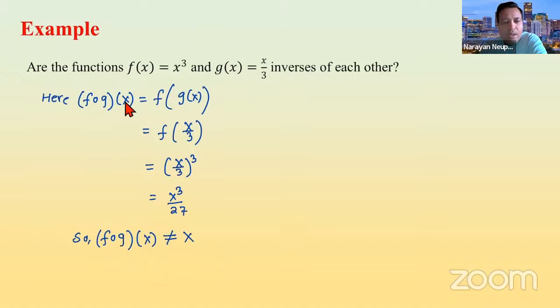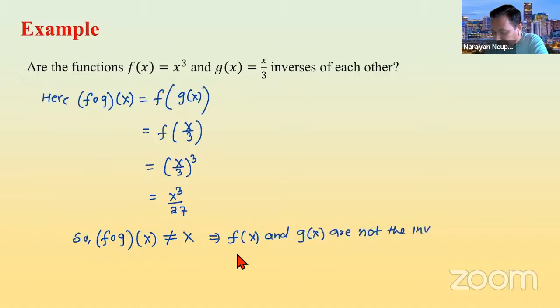So here we are getting that it is not equal to x, which implies f of x and g of x are not the inverse of each other. Okay, so you did it right, Chandana. I hope all of you did it right.